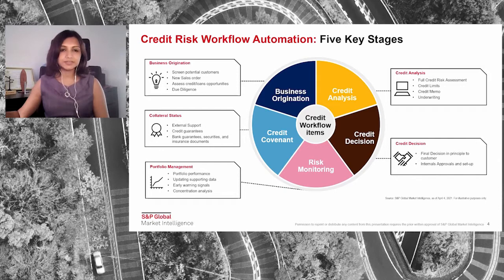Here you see in the first block, by business origination, we mean the start of the process. Within this stage, a company will screen potential customers or counterparties, sorting out those that do not meet certain criteria, creating new sales orders, assessing credit or loan opportunities, and then undertaking due diligence.